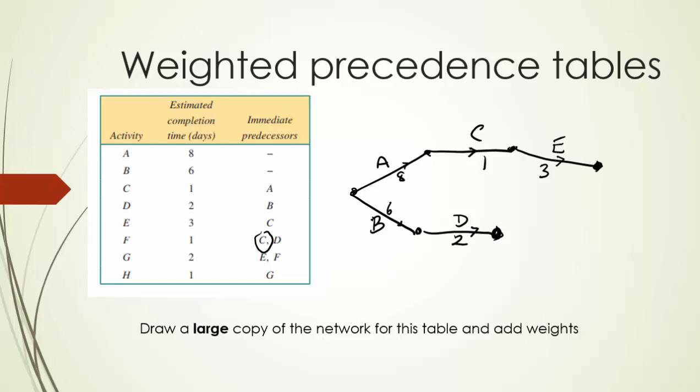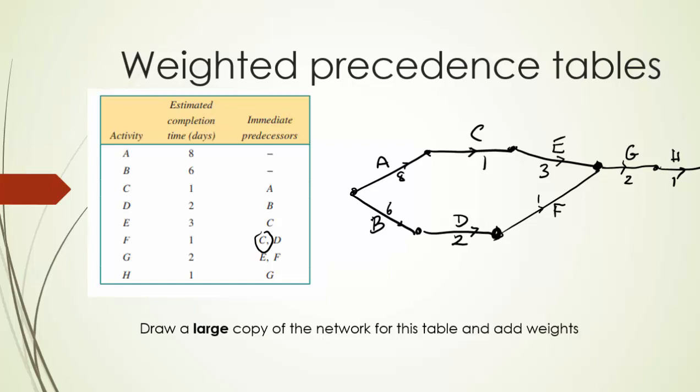F. Remember we only put in the non-collision activities first, so F is 1 and it starts at D. And notice that G follows E and F, so if we put F like that, 1 unit. We've done that, so we've got G following from E and F. And H following G. And the dummy activity can now go in.